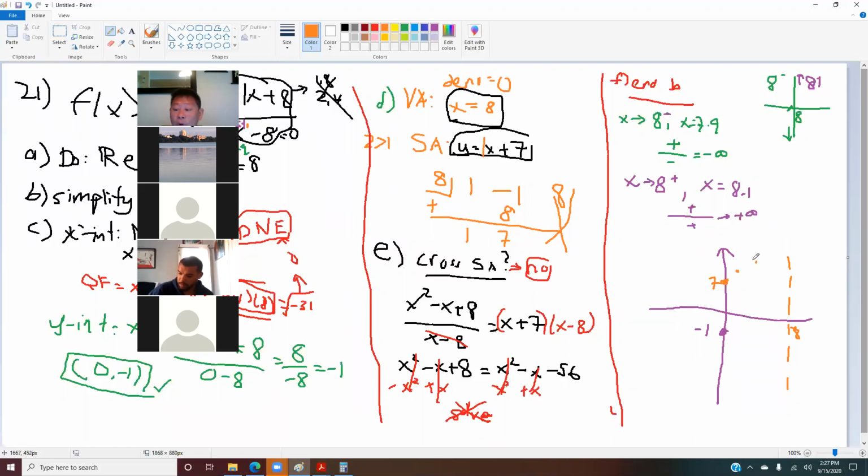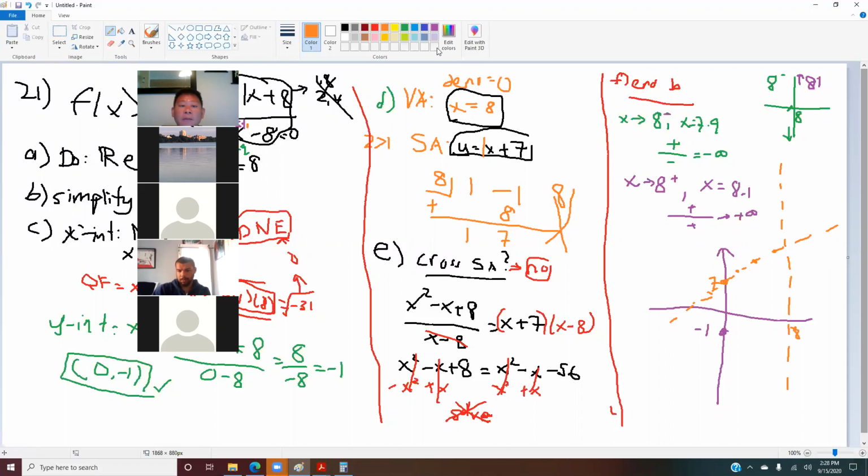Yes, I will provide graph paper, not like this one. This is a bit hard to draw. So this is your slant asymptote. And if you draw this, make sure that you extend your asymptote so that it will cross. It does not cross on both of these asymptotes.